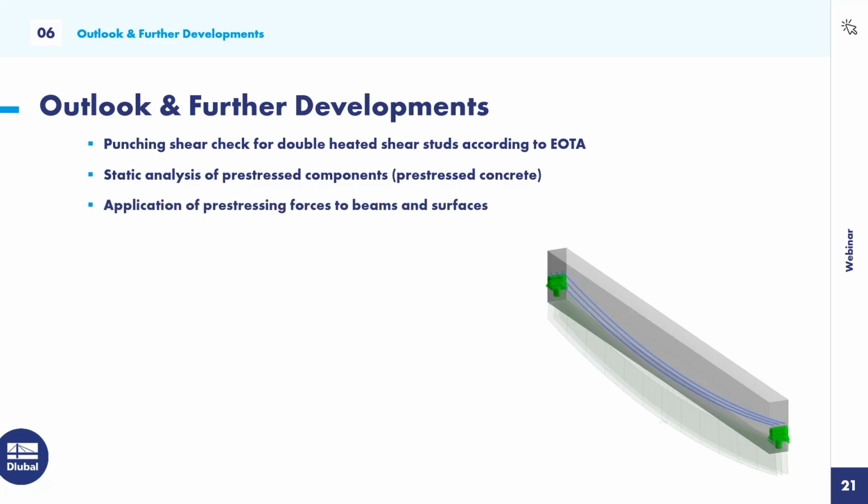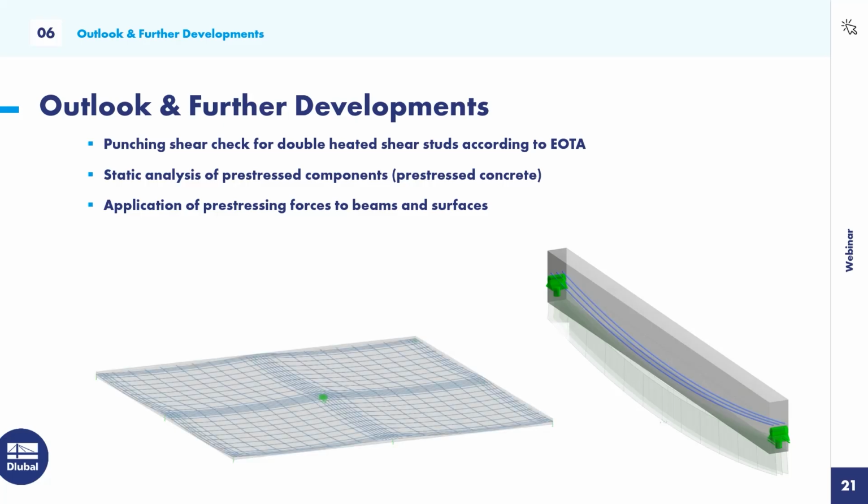The influence of the pre-stressing forces will be directly considered in the static analysis. So it is possible at the moment to put the effect of pre-stressing into the static analysis for beams and also for surfaces. Here we have the plane surfaces. At the moment we are working on the general geometry of surfaces, but at the moment we are able to use it for the plane state.